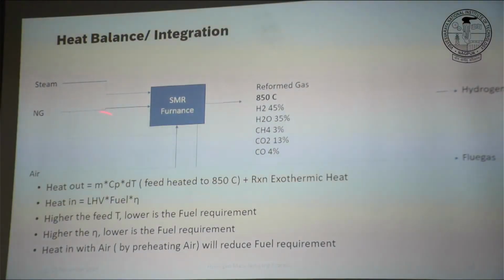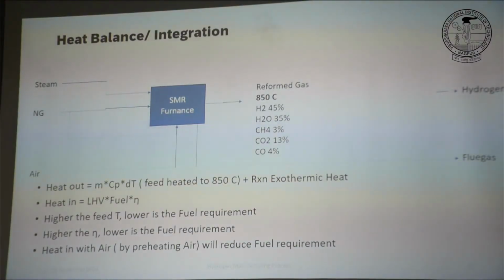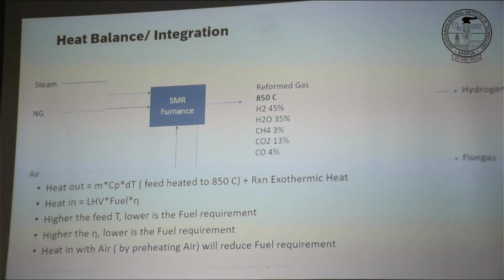And only on the combustion side, if you put a similar heat balance, what comes in is natural gas fuel at 30 degrees, and combustion air also comes in at 30 degrees. What goes out is the flue gas at 1900 degrees. And what else comes in is the LHV of your fuel, right?